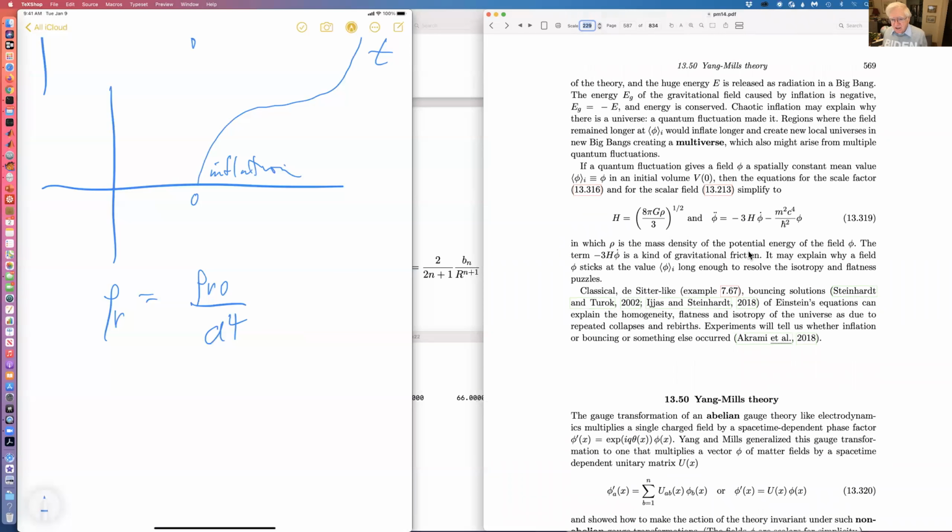I think it's much more plausible to think about bouncing solutions.